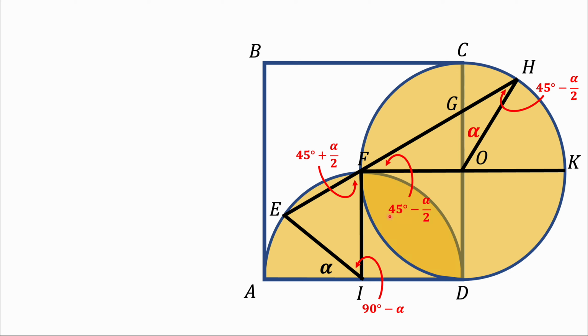So we proved that this angle right here and angle right here have the same measure. And that means that the arcs they intercept are the same. Notice, in this proof, we did not assume that alpha is any specific angle. It could be, in fact, any angle we want.